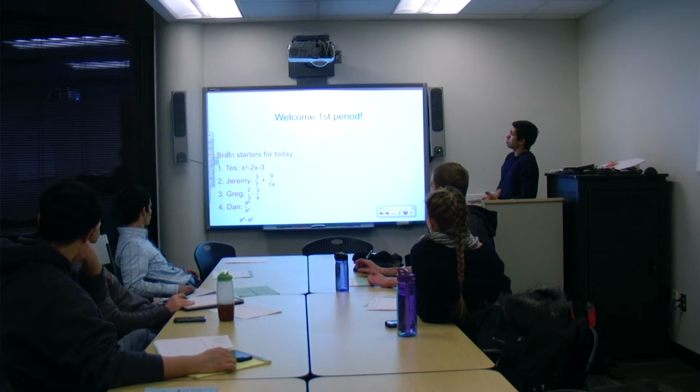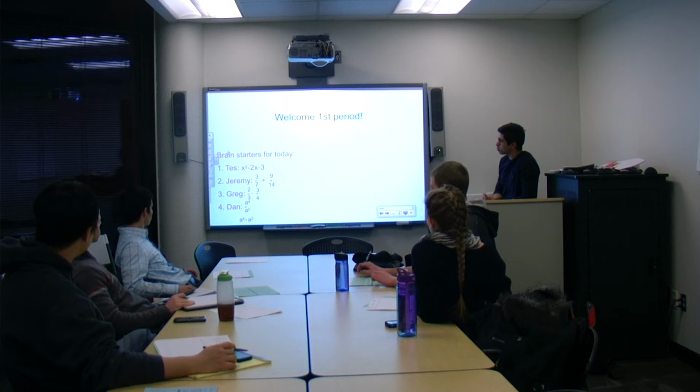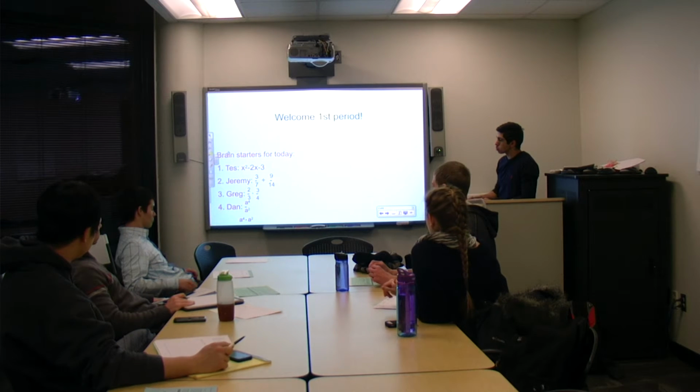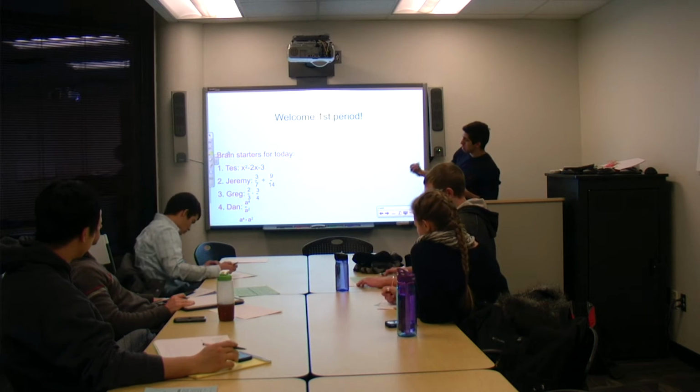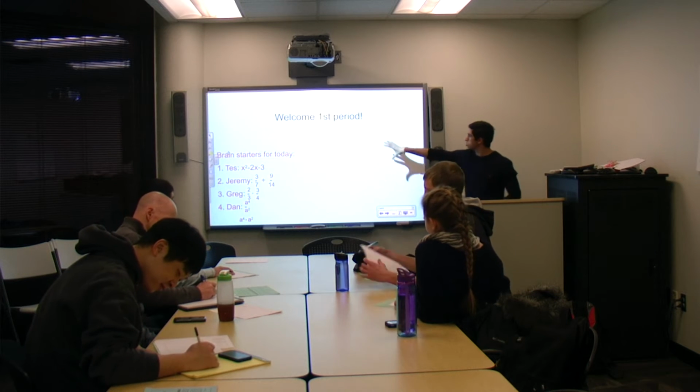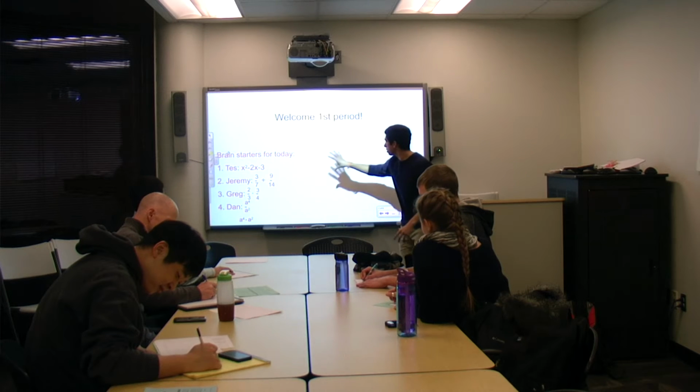These are your brain starters. Tess, you're going to be factoring x squared minus 2x minus 3. Jeremy, you're going to be doing that operation with rational numbers. Greg, you're going to be doing that operation. And then Dan, you're going to be focusing on those two short problems and how exponents play a role. When you guys are done, come up to the board, write your answer. I guess you can write it in this kind of space over here.